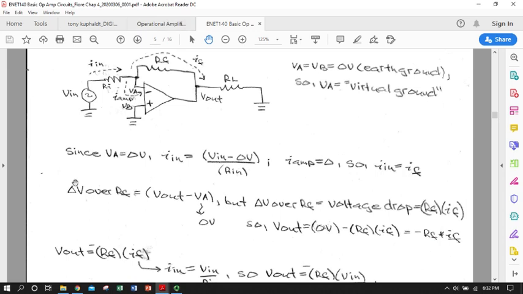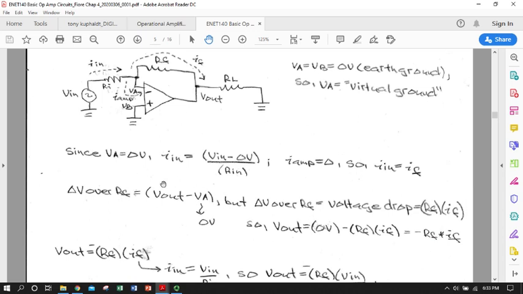Okay, cool. Now we're going to define a voltage drop over the feedback resistor. It's going to have a magnitude equal to V out minus V A, and it can also be expressed as R F times I F. Now let's get the sign straight.